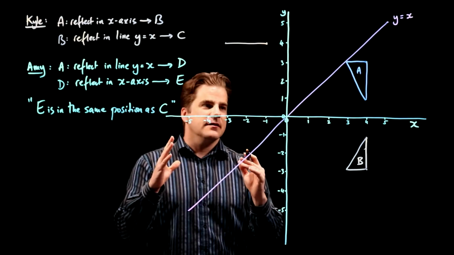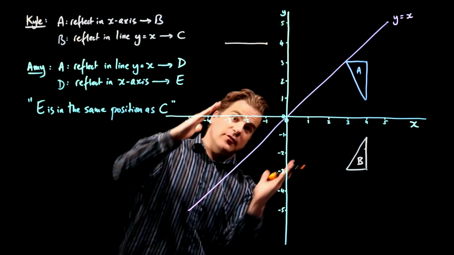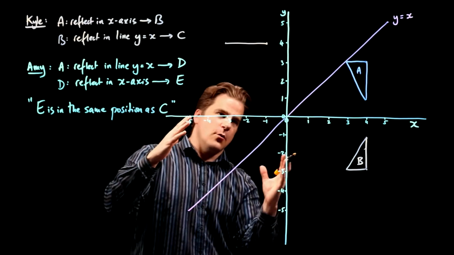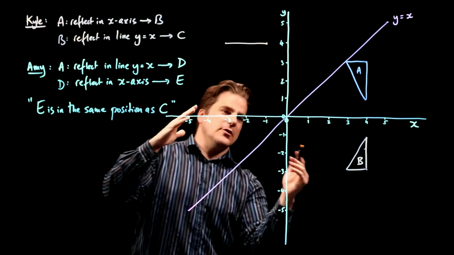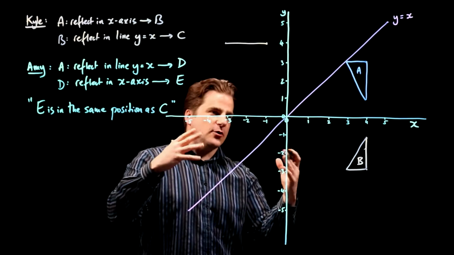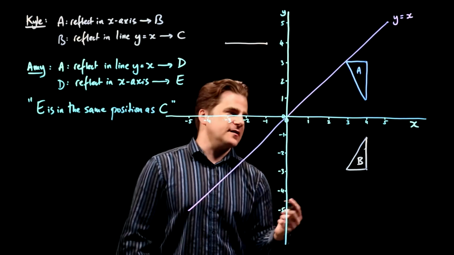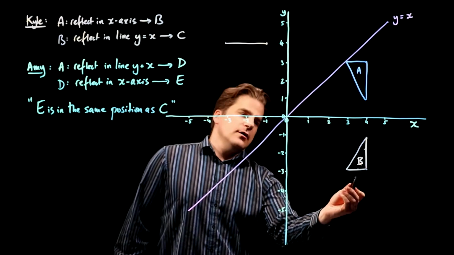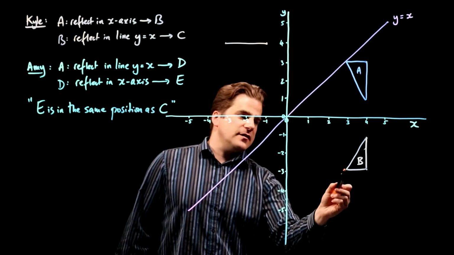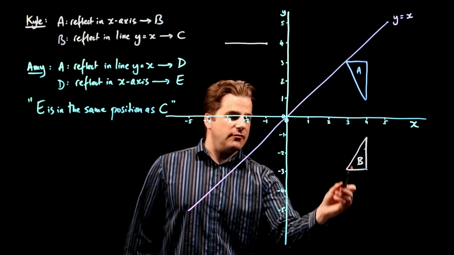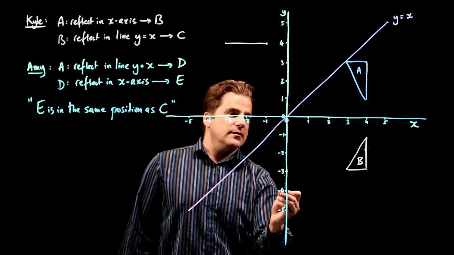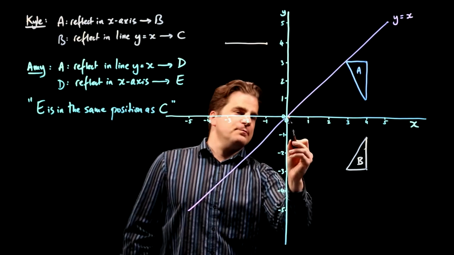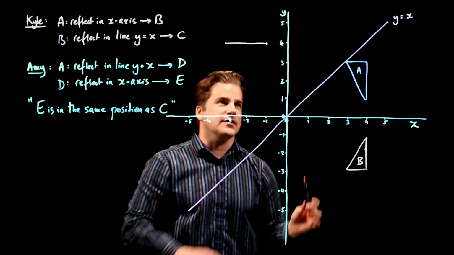Again, I think about it by looking at it like this and just figuring out, using your imagination in a sense, where that one's going to reflect to. So what about this point here? Well, it's at (3, 3). Again, forget about x and y axis for a minute.